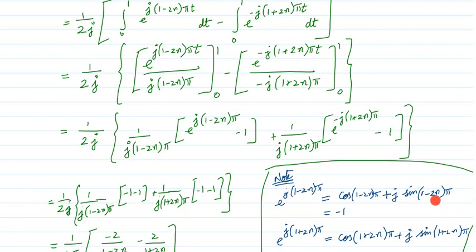For 1 minus 2n, whatever n value you put, you will get some odd number. Put n as 1, you get minus pi. Put n as 2, minus 3 pi. N as 3, minus 5 pi. It is always an odd multiple of pi, and cos of odd multiples of pi is equal to minus 1.